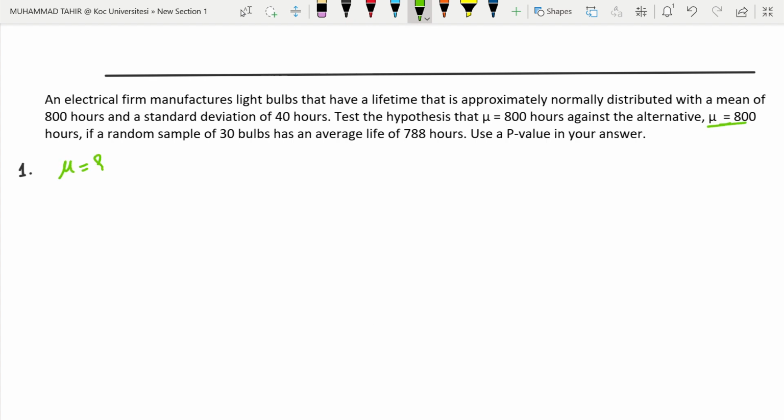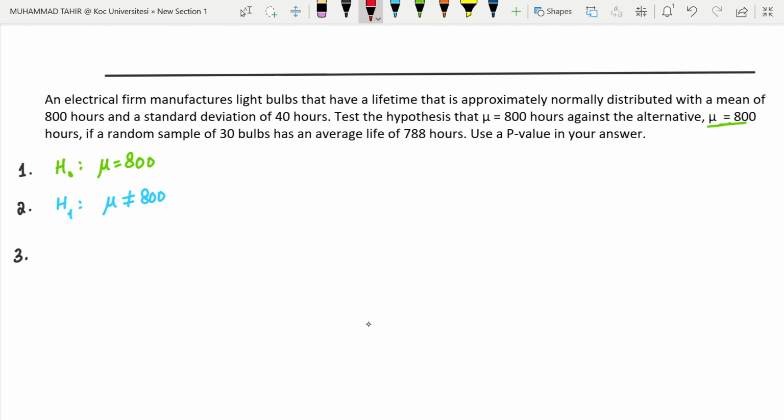H0 is mu is equal to 800. और alternate hypothesis जब mention नहीं हो greater or less, then you know what to do. अब alternate hypothesis नहीं बताया हुआ ना, greater है या less than. So what we do is जब नहीं हो तो हम कहेंगे mu is different than 800, right? So not equal.